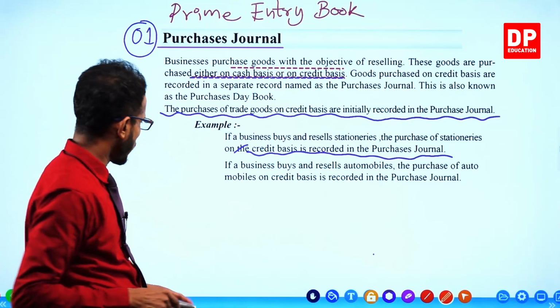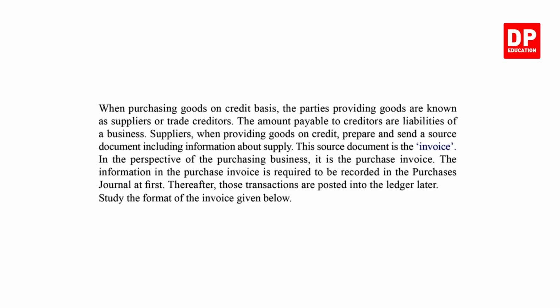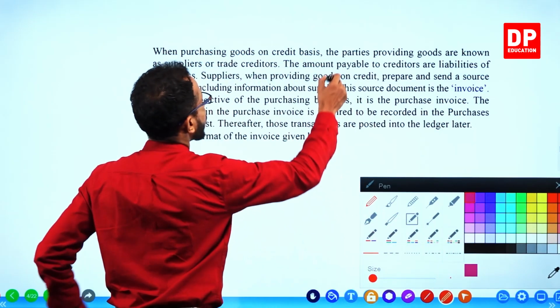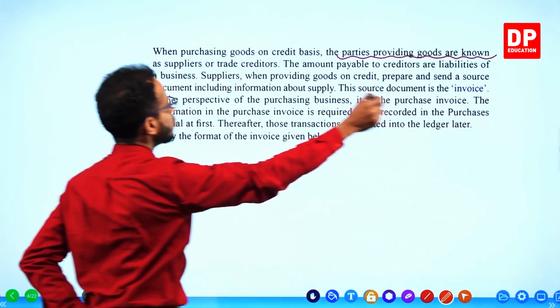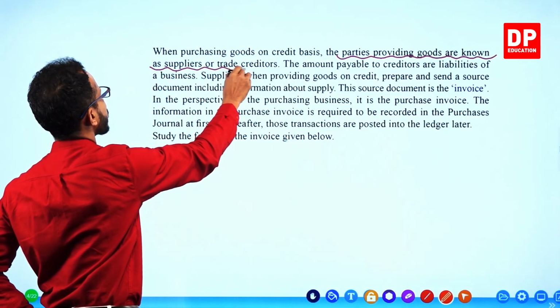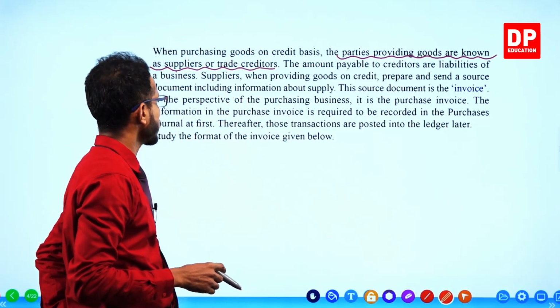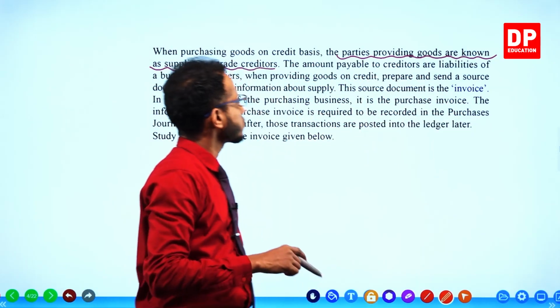When purchasing goods on credit basis, the parties providing goods are known as suppliers or trade creditors. The amount payable to creditors are liabilities.